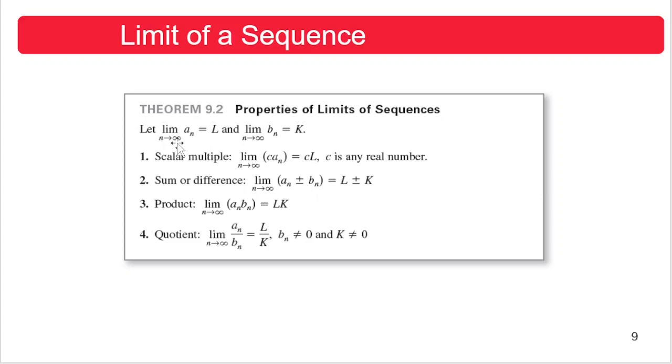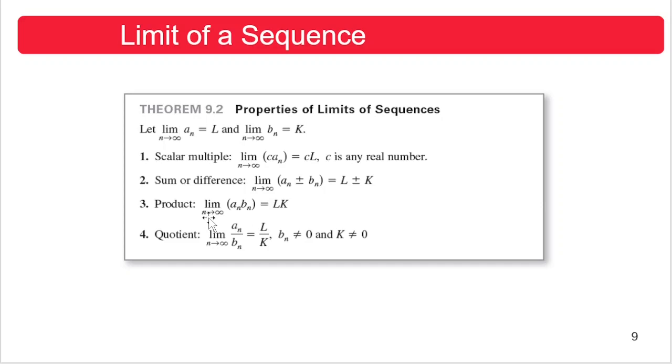From the given, the limit of a sub n is L, plus or minus the limit of b sub n, which is given in this theorem as k. So therefore, the limit of the sum or difference of a sub n and b sub n as n approaches infinity is equal to L plus or minus k.